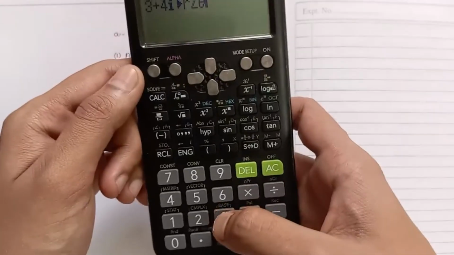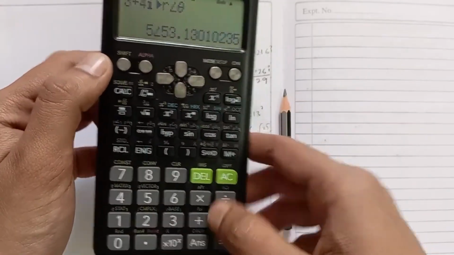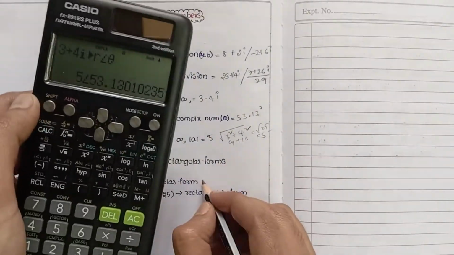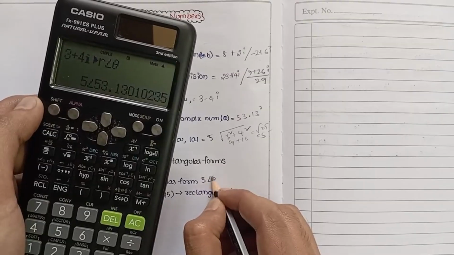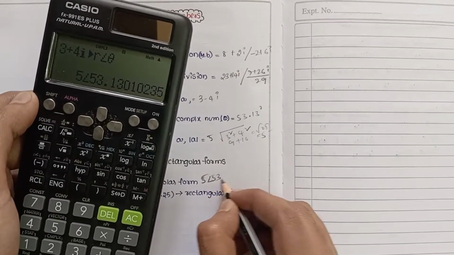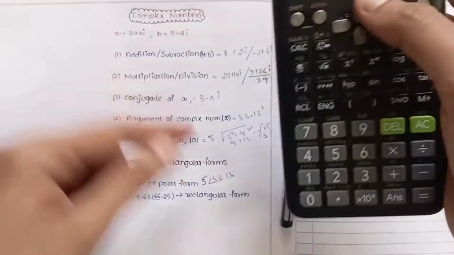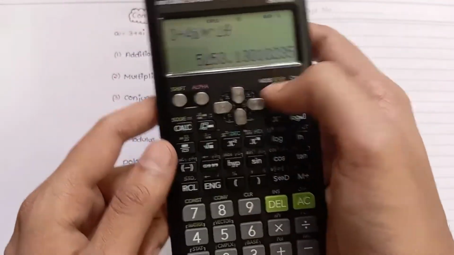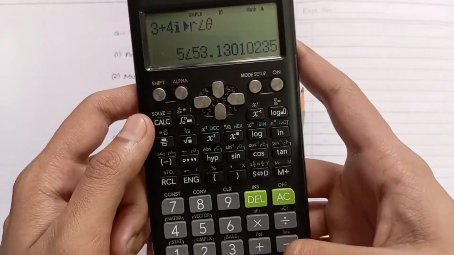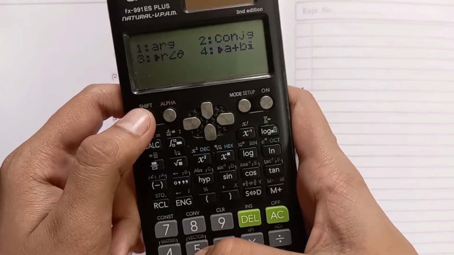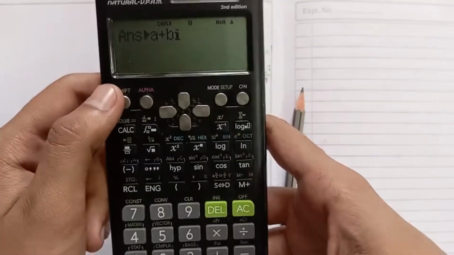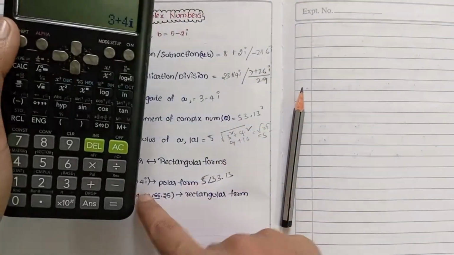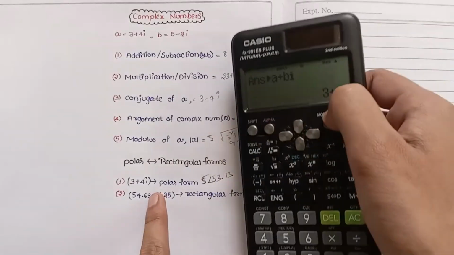So press 3 and press equal to, we will get 5 angle 53.13. Now if you convert this again to rectangular form, shift plus 2 polar, we will get the same 3 plus 4i. In this way we will convert rectangular to polar form.